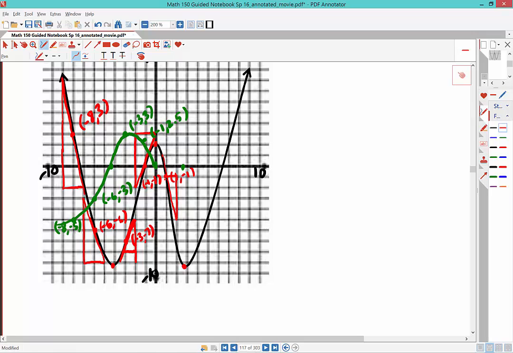At positive 1, we'd have an output of negative 4 on our graph. And then over here, this is at 2, negative 8.